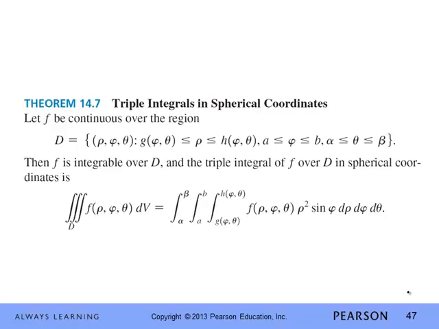Not necessarily in this order, but 90+% of the time you'll integrate with respect to rho first, and then phi, and then theta. Yeah, I know, it looks like a mess, but you have to make sure that you always bring in your rho squared sine phi and factor that into your integrand. If you don't, then you'll be wrong.